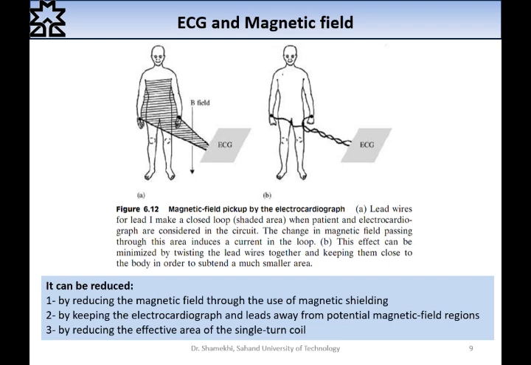For example, when we want to record ECG from a body, you have an electrocardiograph here, two lead wires connected to the body, and because of this a shaded region, shaded area, and the magnetic field B, we have a current flow in this conductive region, and it leads to bad effect on our ECG's input and bad effect of voltage at the output of the recorded signal.